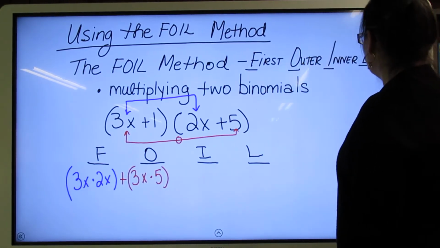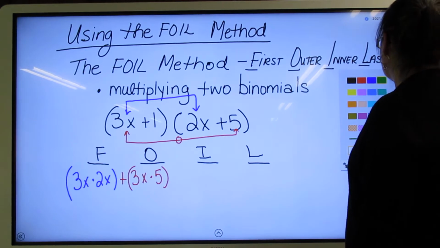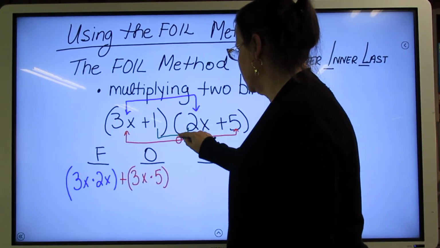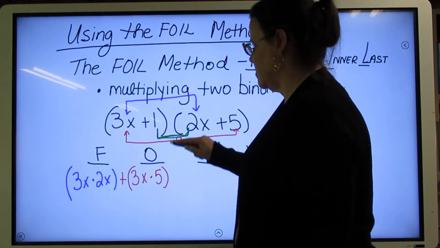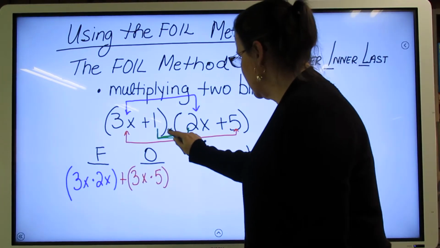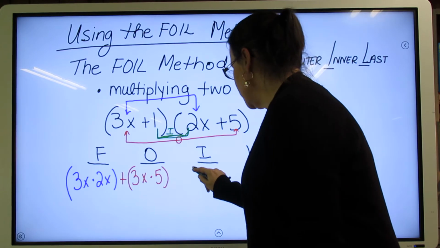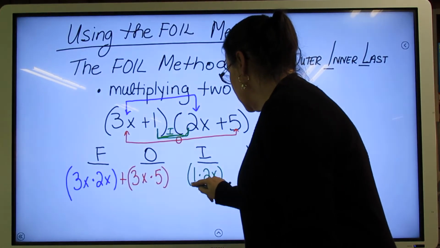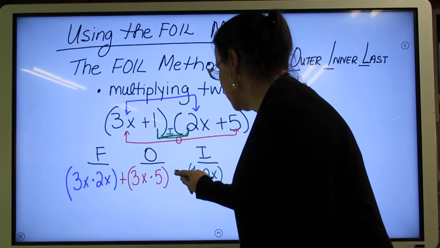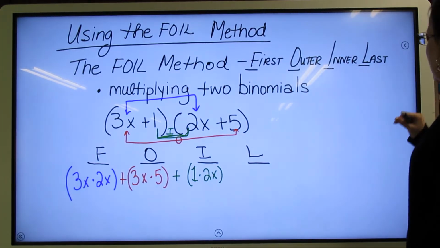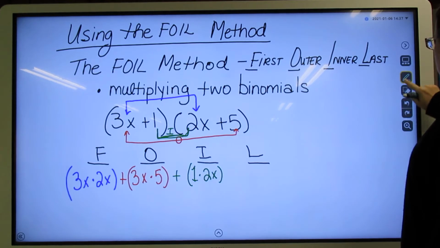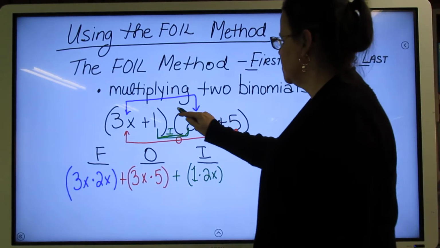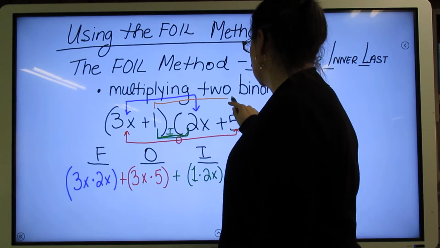And then you do the inner. The inner terms are the ones that are on the inside of the binomials. And you could write an I so you know. And you would do 1 times 2x. And then the last ones are the last terms.